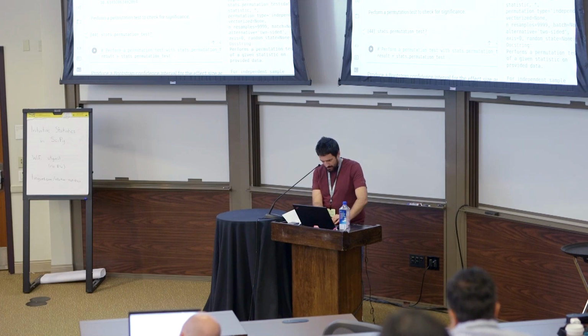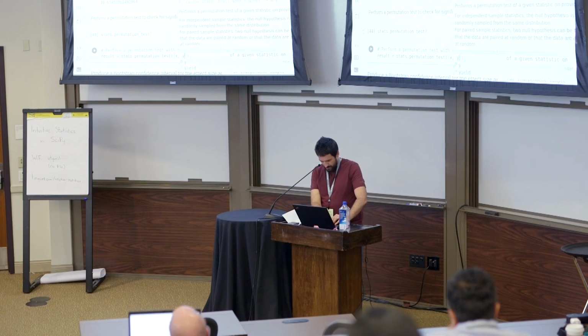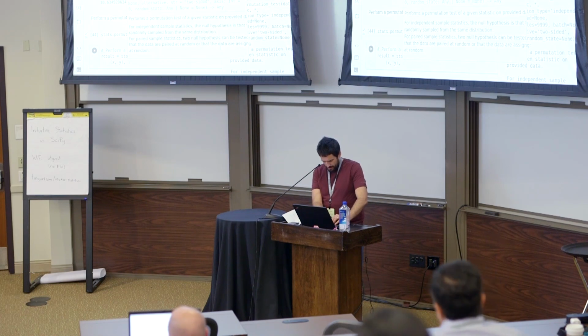Okay. So now our data here has 2 samples instead of 1, unlike before. So we have a tuple with these 2 in it, our X and our Y. And then our statistic is just statistic.